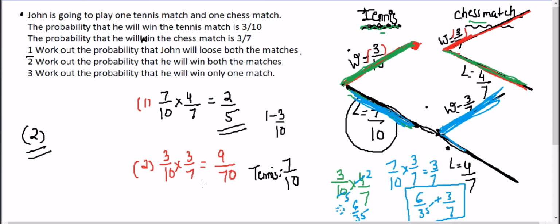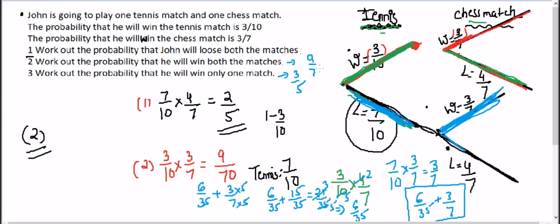To solve this, I need to make the denominators the same. Multiply the second by 5 on top and bottom, and I get 6 by 35 plus 15 by 35, which gives me 21 by 35, or 3 by 5. So the final answer for this one is 3 by 5. The answer for the second is 9 by 70, and the answer for the first is 2 by 5.